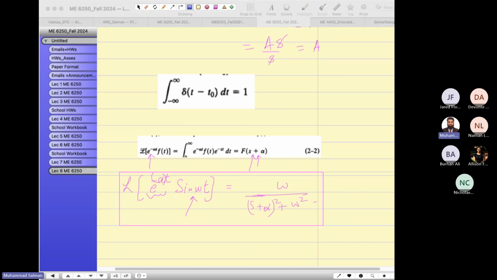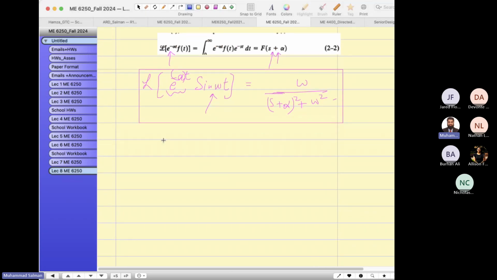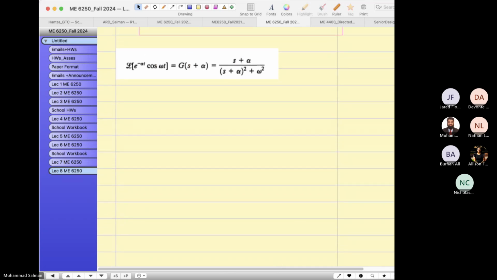This is a very useful formula to solve some of the time response problems. Another important definition is the differential equations.